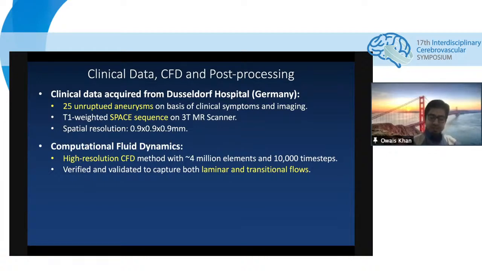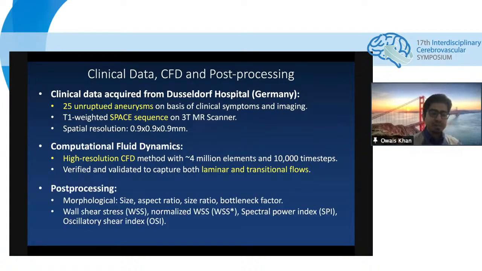The CFD method has been verified and validated to capture both laminar and transitional flows and cardiovascular flows broadly. Lastly, we performed post-processing. We quantified morphological parameters as well as hemodynamic parameters. For morphological, we computed size, aspect ratio, and bottleneck factor.